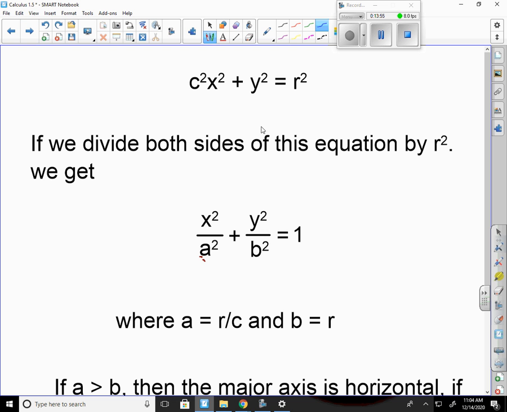If we divide both sides of the equation by r squared, then we get x squared over a squared plus y squared over b squared equals 1. And in this case, a equals r over c, and b equals r.